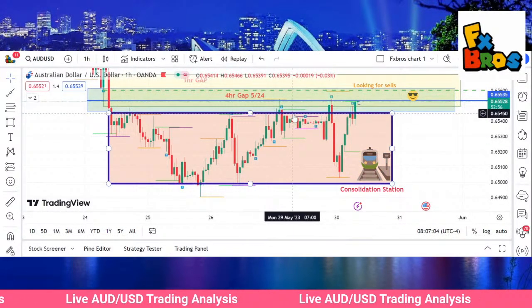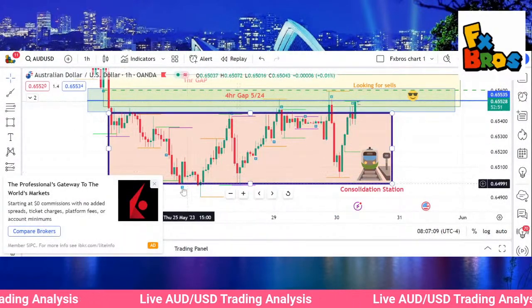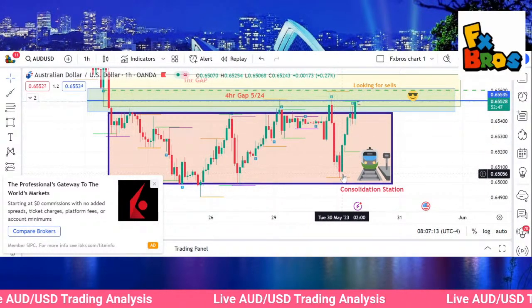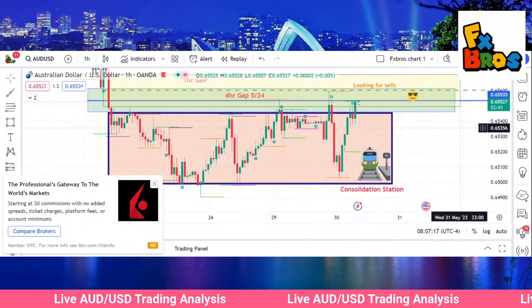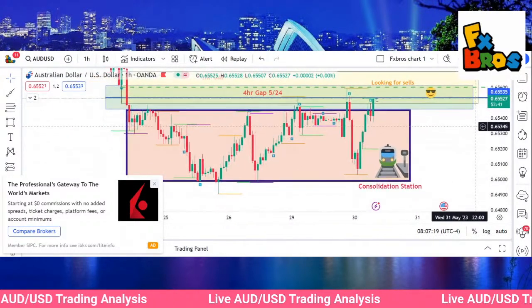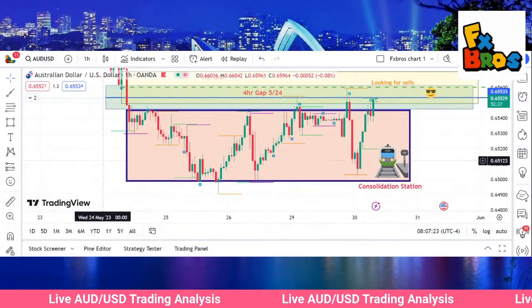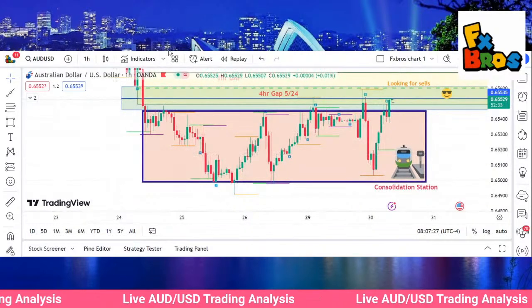But that never happened. This low didn't take out that lowest point. So I'm saying this is a prep and just more confirmation for consolidation until Friday.